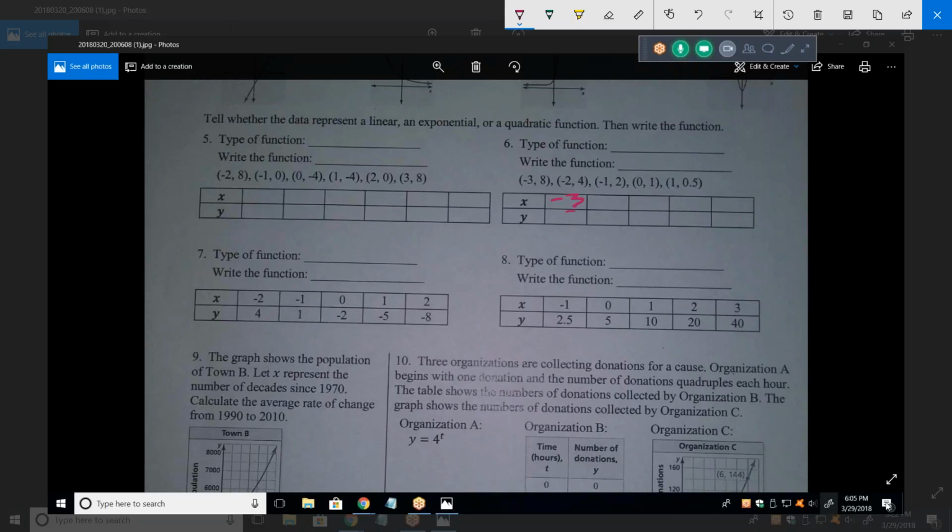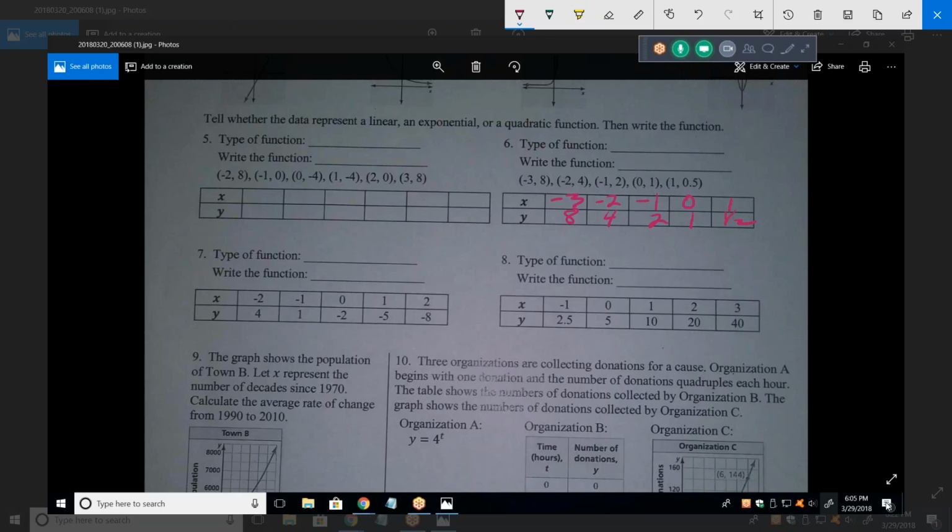Just put in a couple of points here. Now I'm going to do the whole thing. I shouldn't have erased it. Okay. So what is the general format for exponential? This is actually good because it forces us to go over all of these general formats. And these general formats you really need to memorize.